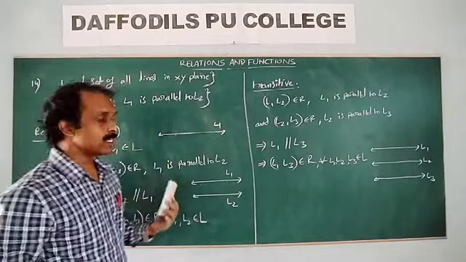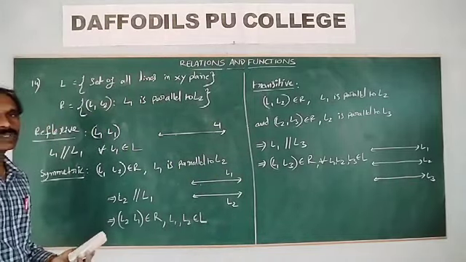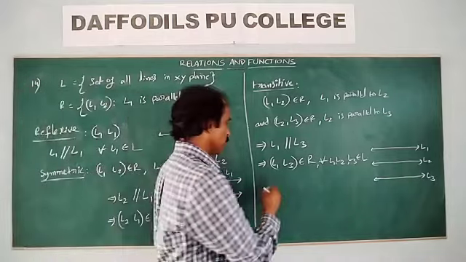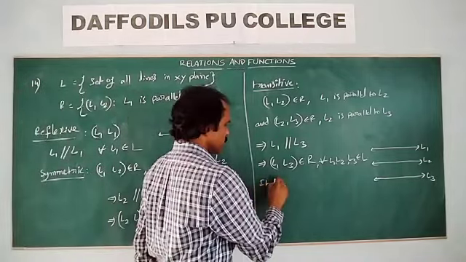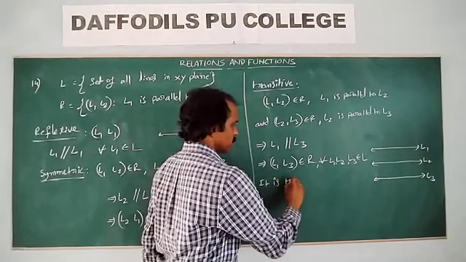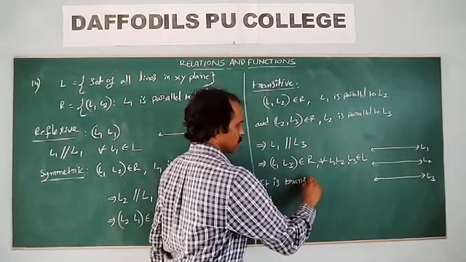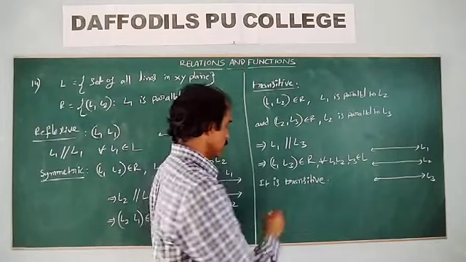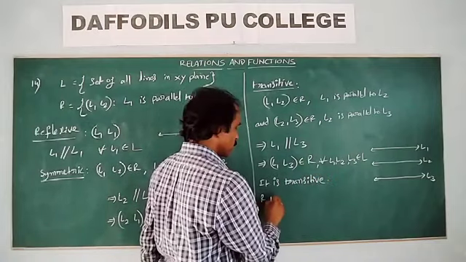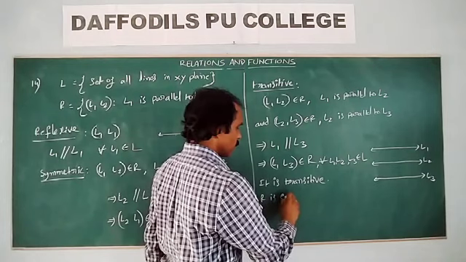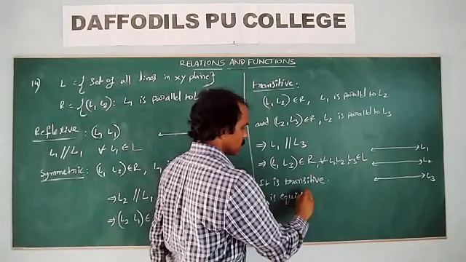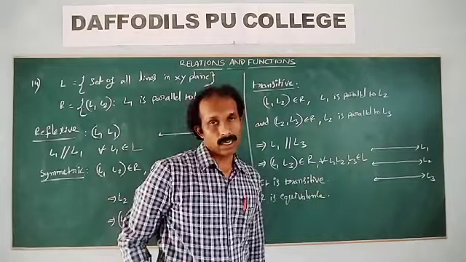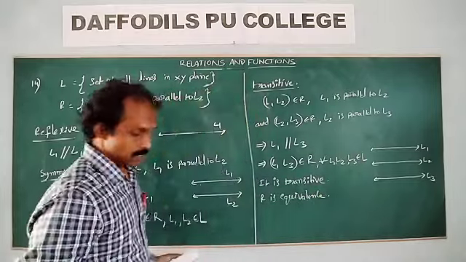So all 3 properties are satisfied. Therefore R is transitive, and therefore the given relation R is an equivalence relation. Okay, complete.